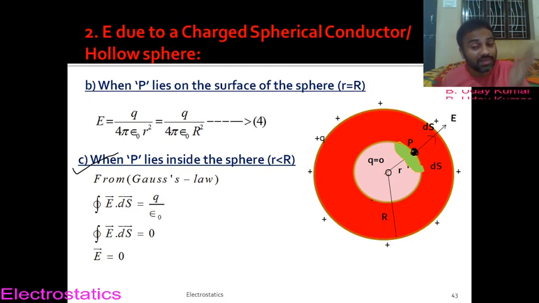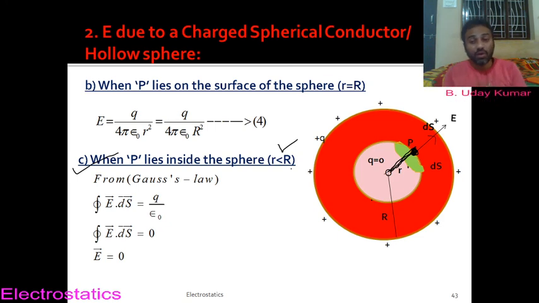We already know that the distance of point P from the center of the sphere is taken as small r. So if you observe the diagram, in this case small r is less than capital R. This is the mathematical denotation. Physically, when P lies inside this sphere, small r becomes less than capital R. So just check it out.